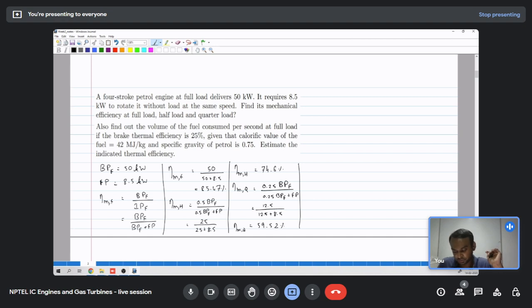Now we have to find the volume of the fuel that is consumed per second at full load, and brake thermal efficiency is given as 25%. So using this, we know it is brake power divided by m dot f into CV. So 0.25 is equal to brake power, and these are given at full load conditions, brake power at full load and m dot f at full load.